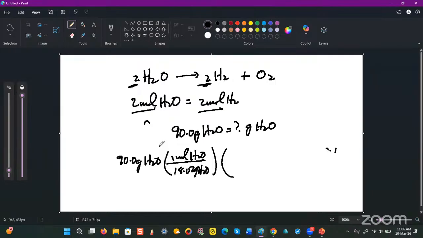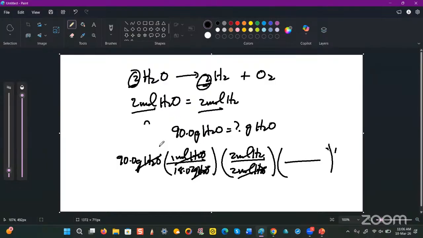And then you'd have to look at the mole ratio between the hydrogen and the water. That will be 2 to 2. So here I'm going to put 2 moles of hydrogen above. Down here I'm going to put 2 moles of H2O. So the units that will cancel out so far are these right here. And then now to get the mass of hydrogen in grams, you'd have to use the molar mass of hydrogen, which is 1.008 grams of H2 per 1 mole of H2.